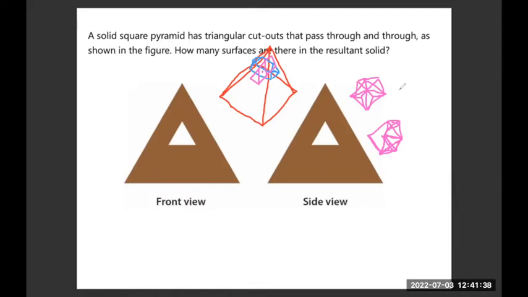Such a triangular surface in elevation you will see as a triangle only, but when you make a 3D of it, there will be this triangle, and then this edge will join from behind. So there will be this triangle, and then there will be another triangle. It will look like this in 3D.